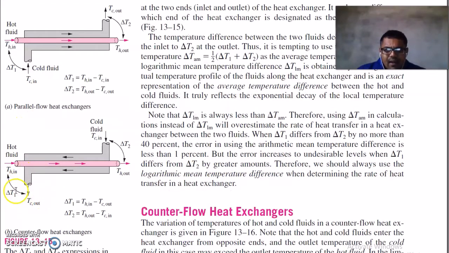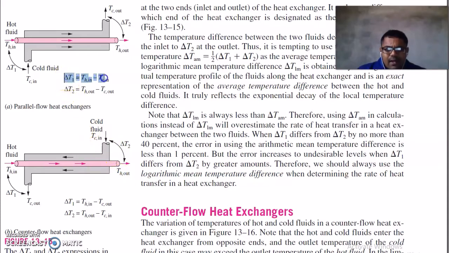Now consider a second case where your heat exchanger is a counter flow heat exchanger. In this case your delta T1 is equal to hot fluid in and cold fluid out, and delta T2 is equal to cold fluid in and hot fluid out.